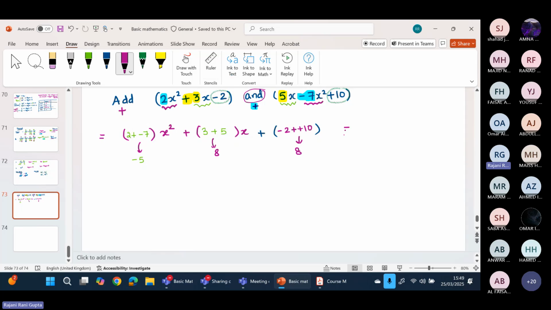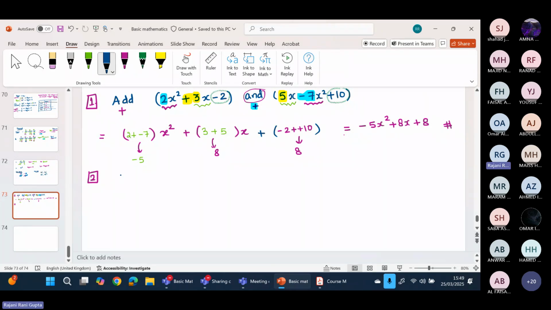So your final answer will be minus 5x squared plus 8x plus 8. Okay, clear? This is what we did for addition, so please be careful when you write the answer.